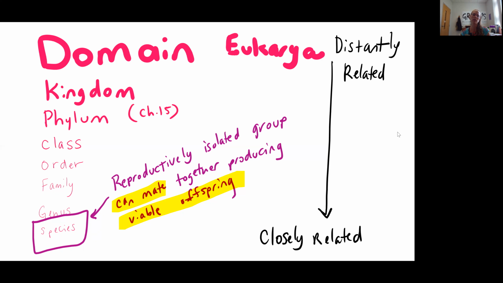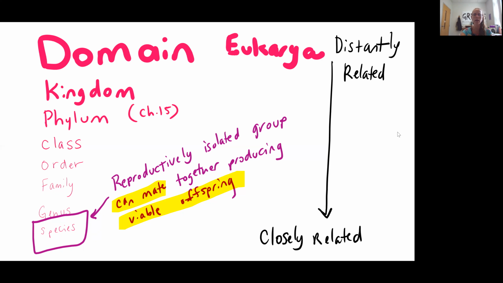Or you can have the example of a horse and a donkey. They can mate, they produce a mule, but the mule is sterile, the mule is unable to reproduce, and so the mule is not considered viable offspring, even though it is offspring of these two distinct species. So that helps us to designate the horse and the donkey as separate species.